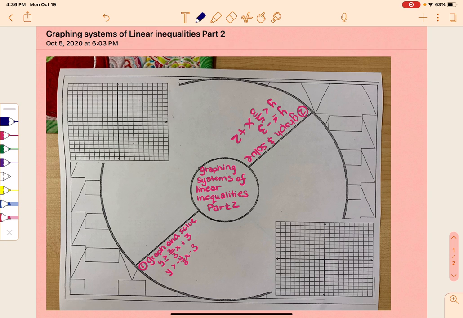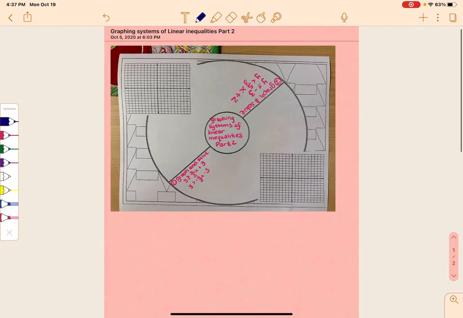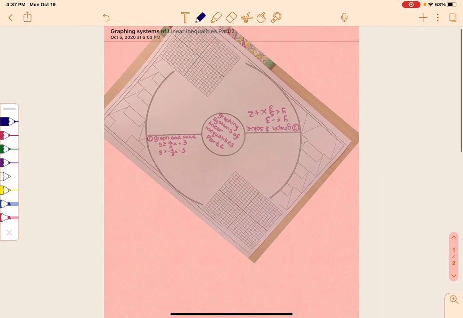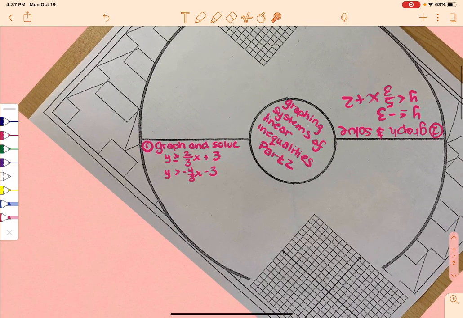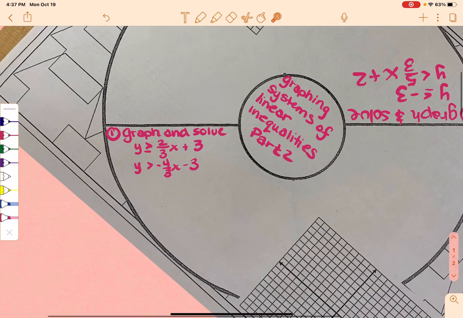Now, it is important that you identify all four of those pieces prior to actually trying to graph it. So you can see in my first one here, let me tilt this a little bit so I can write on it. Graph and solve.